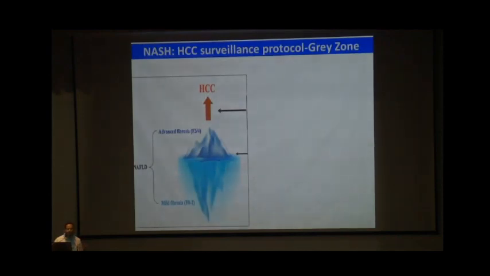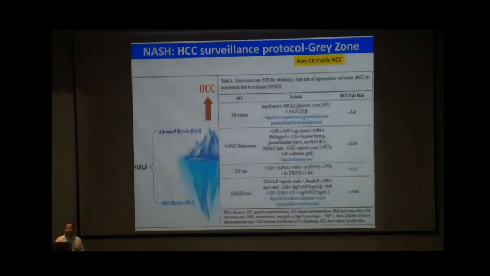And if you think of a protocol for surveillance, this is a big gray zone, how to go for mild fibrosis, advanced fibrosis and HCC. Here a few studies show that if you think of FIB-4, NFS score, ELF and GALAD, you can get some HCC risk with these cutoff values. So we need to address how we can go about it, but these are obviously suggestions.